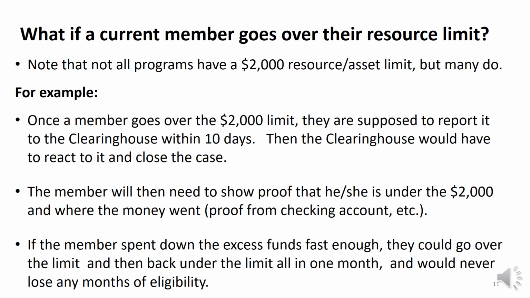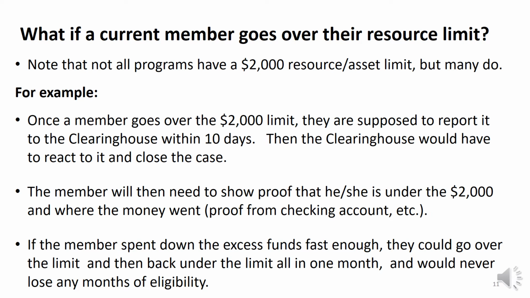This is a question that often comes up, and I think this is a good place to discuss this. What if a current member has Medicaid currently and all of a sudden they accidentally go over their resource asset limit? Note, not all programs have a $2,000 resource or asset limit, and some programs don't even have an asset limit at all, but many do, so we'll use the $2,000 resource limit as an example.